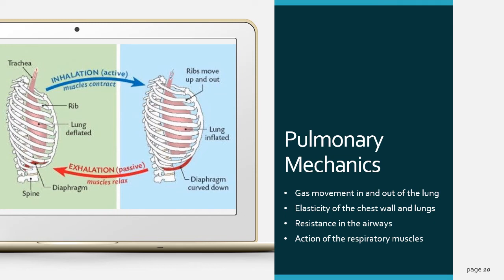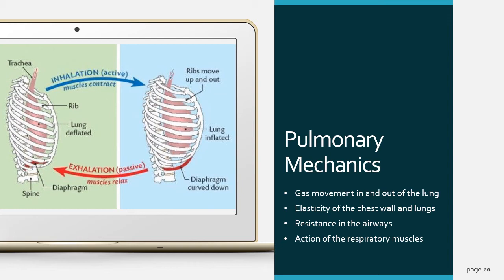Pulmonary mechanics look at gas movement in and out of the lung, such as tidal volume in milliliters inhaled and exhaled during each resting breath. Often, tidal volume is compared to a person's body weight and reported as milliliters per kilogram of body weight.